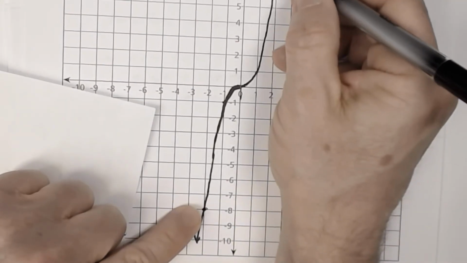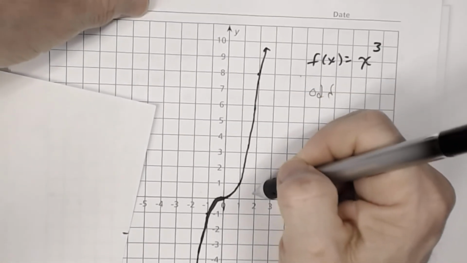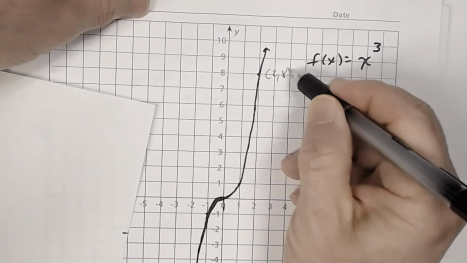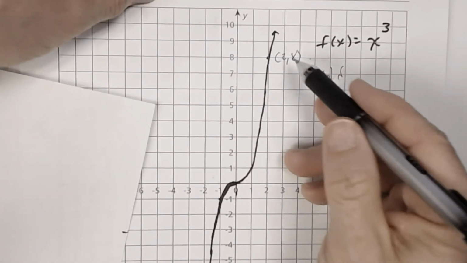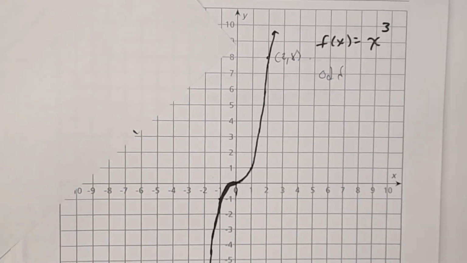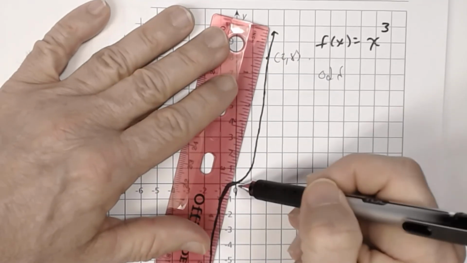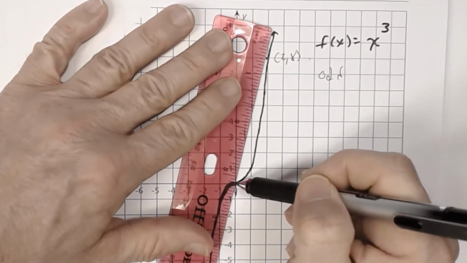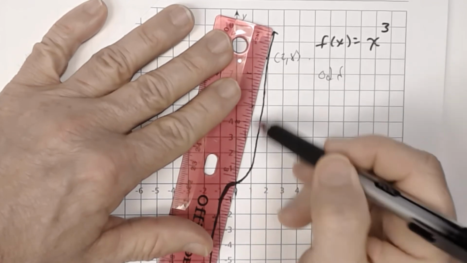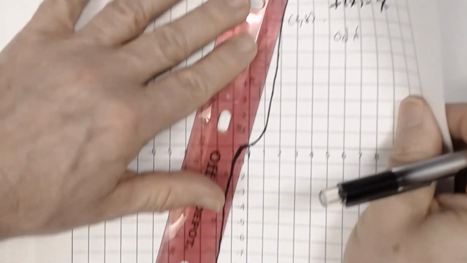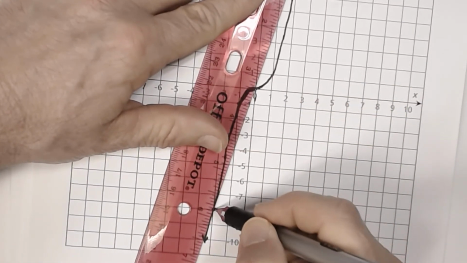Well, this point here was 2, 8. So if I reflect this point about the origin, you have to kind of visualize this. So if I take this point here, and here's the origin, so I'm putting my ruler on the origin, and I reflect the point, that same distance through the origin on the other side, I get this point here.